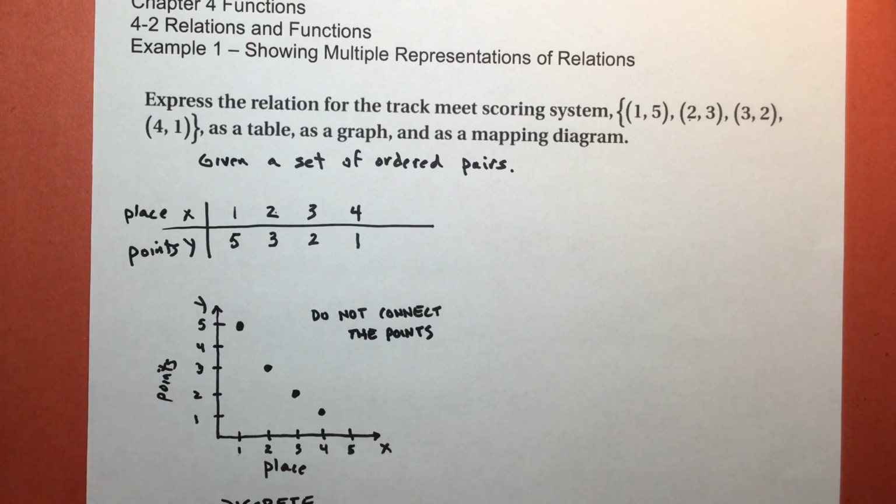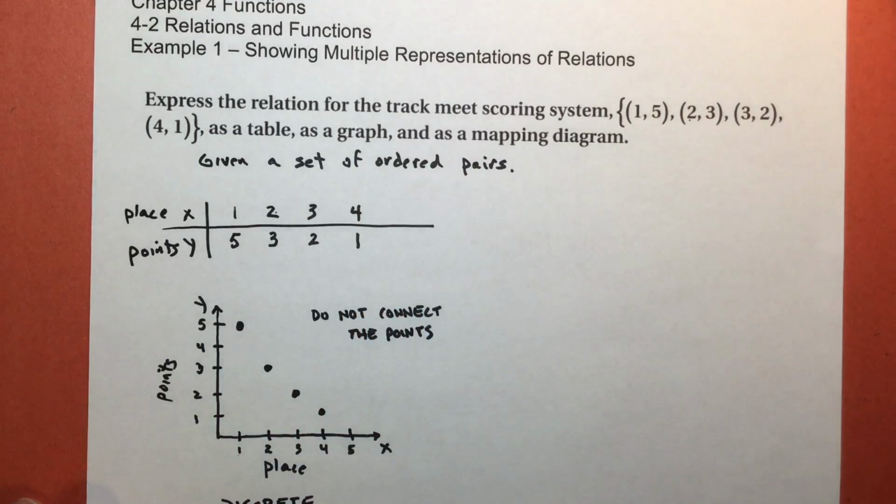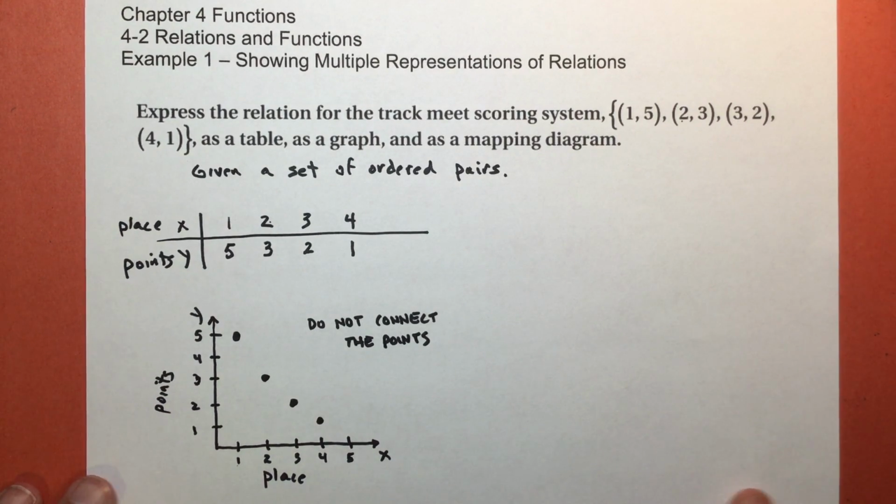You can't be between first place and second place. You only have counting numbers for that case. So I'm not going to draw anything between here because there's no numbers between there. So please, please, please don't always think that you're going to connect them. Sometimes we will, and I'll try to identify why we are connecting the dots at that time.